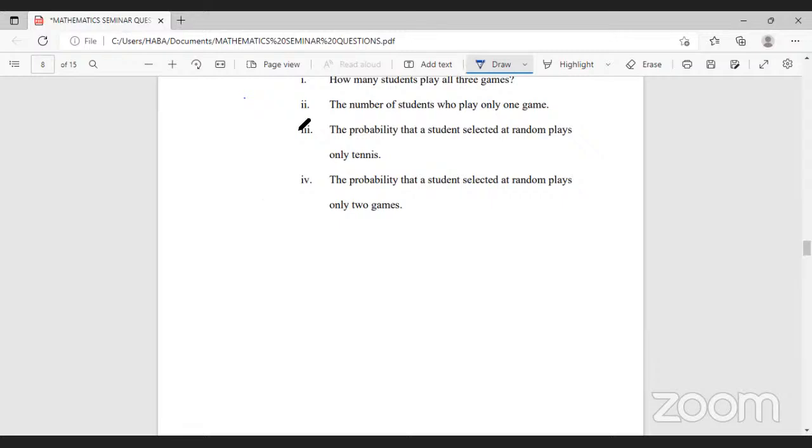I'll construct 3 diagrams in the other. Okay, just let me shift to another.